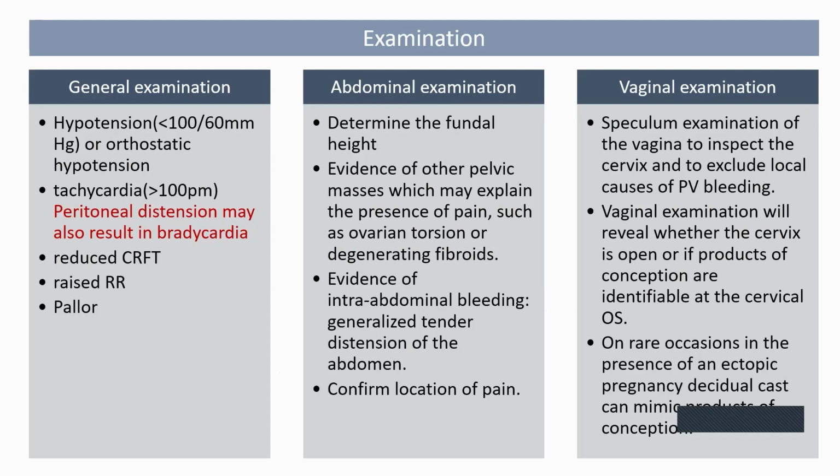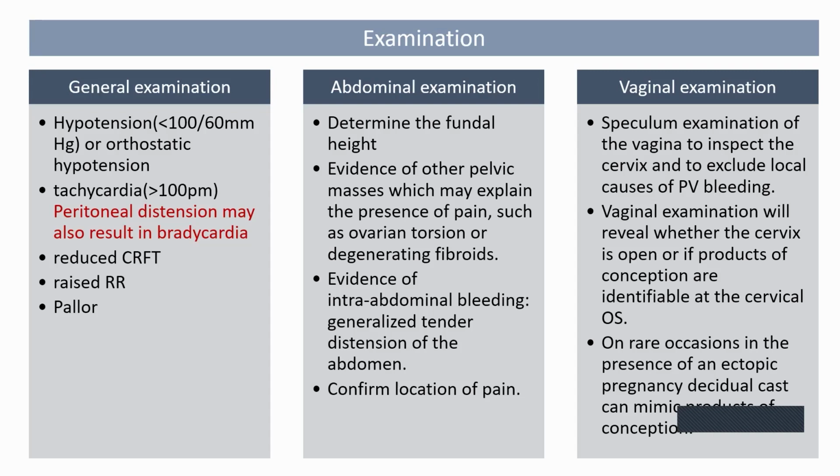In general examination, we have to check the pulse rate to see whether the patient is tachycardic, measure the blood pressure to see whether the patient is hypotensive, and check for reduced capillary refill time and pale conjunctiva, which are indications of massive hemorrhage. Sometimes, rather than tachycardia, the peritoneal distension may cause bradycardia, so we should be vigilant enough to identify that.